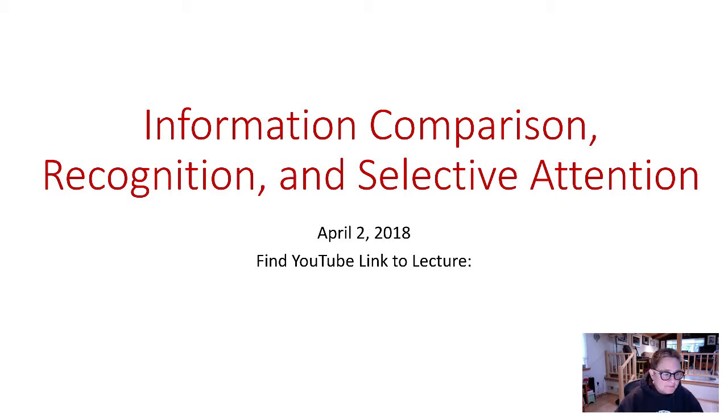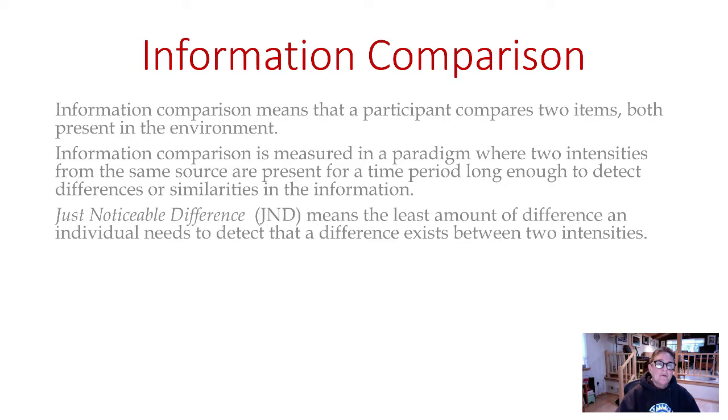We've already covered the concept of information comparison, which means that a person has two items that are both present in the environment for a long enough period of time to detect that there is a difference between these two intensities, or that there is similarity between the two intensities.